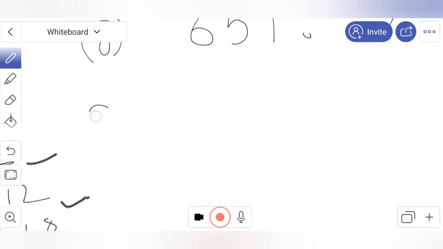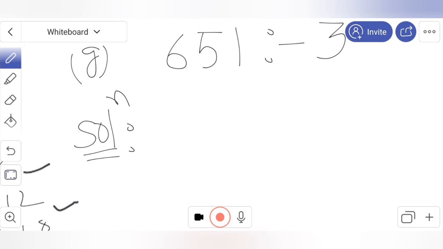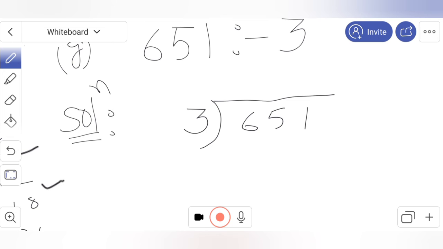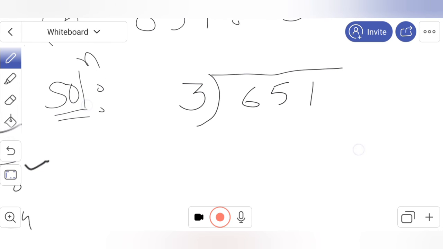So write down in solution. Then 651 is the dividend, the number which you need to divide, so it will be inside, and 3 is the divisor. Then now one upon another, digit upon digit.